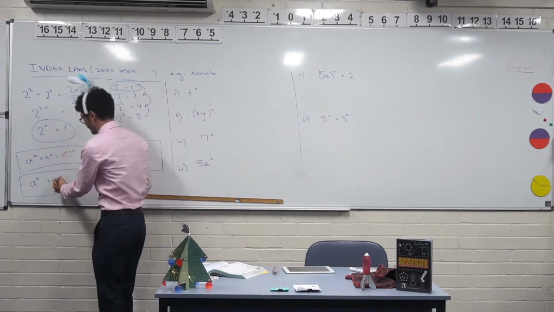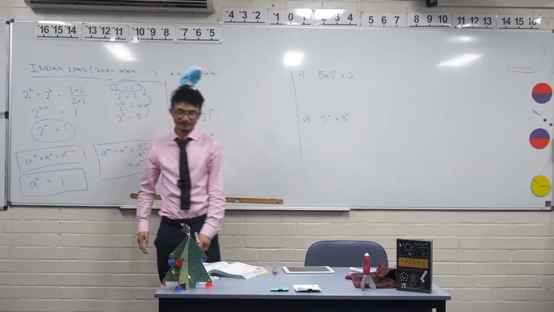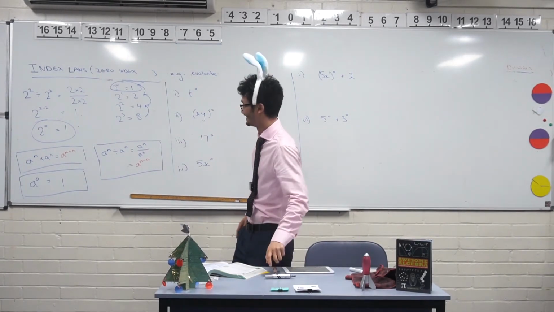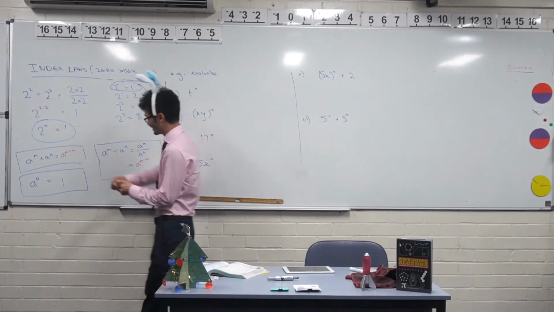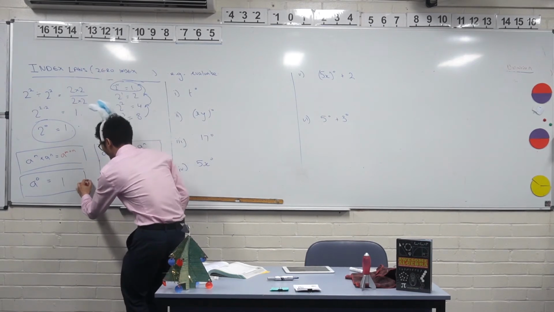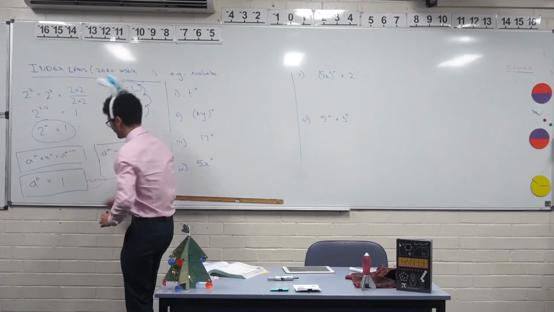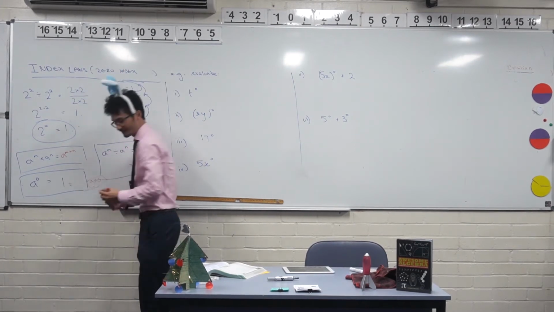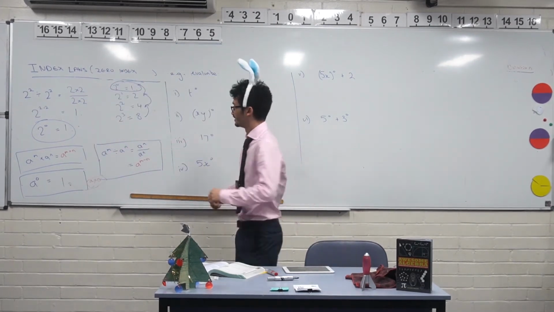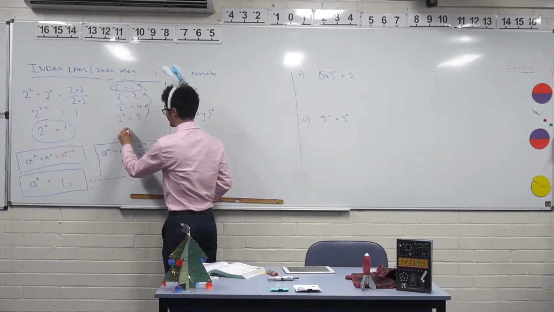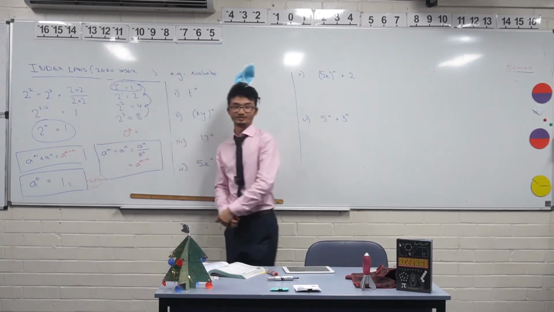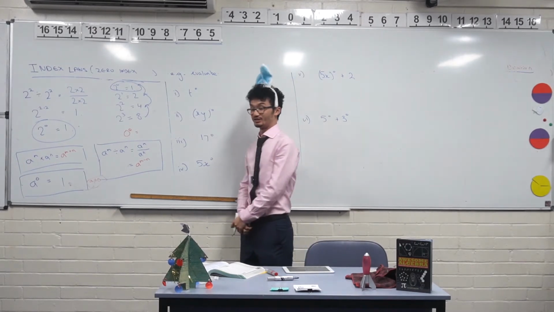Anything to the power 0 is equal to 1, with one exception. There are always exceptions to the rule. This does not work when a is equal to 0, okay? So in this situation, 0 to the power 0, that does not apply. The question is why?